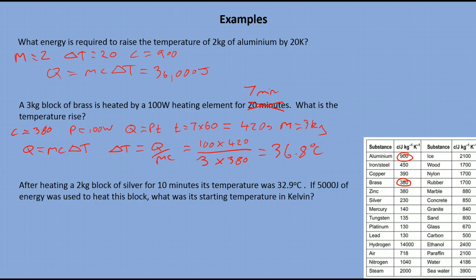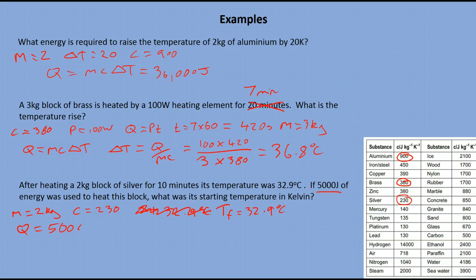The final one here says, after heating a 2 kilogram block, so m is 2 kilograms, of silver, so find silver on here and our C is 230, the final temperature was 32.9 degrees C. We know that the Q is 5,000 joules.